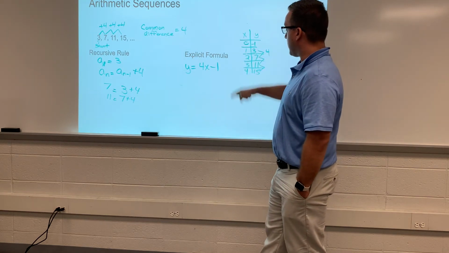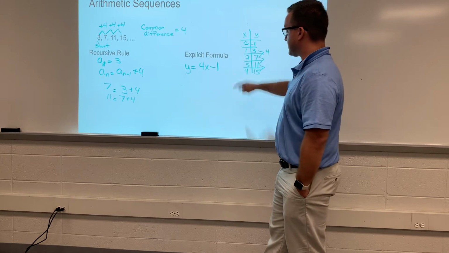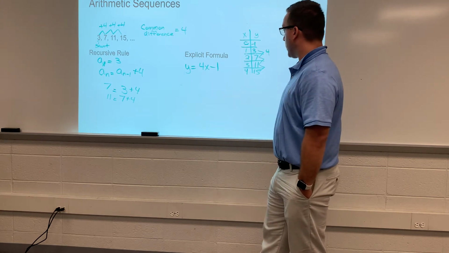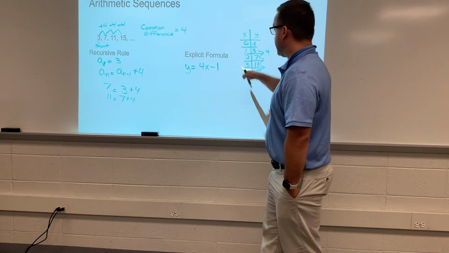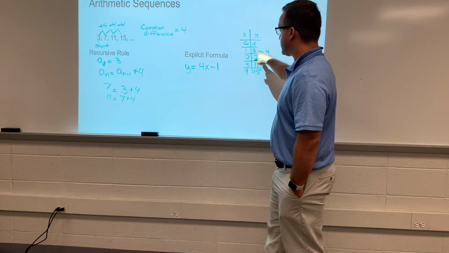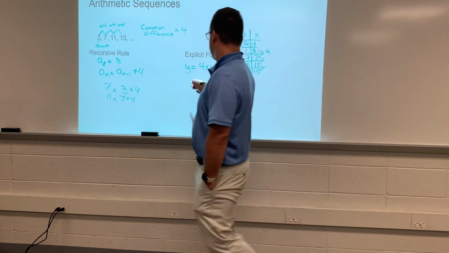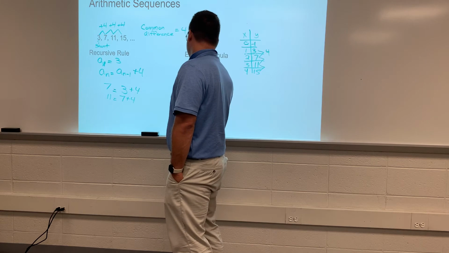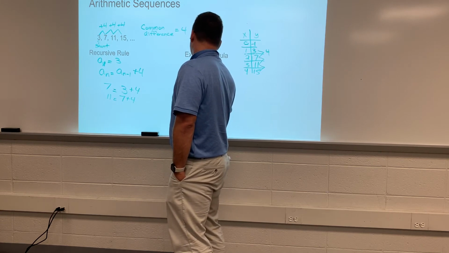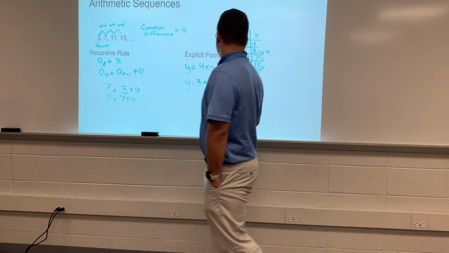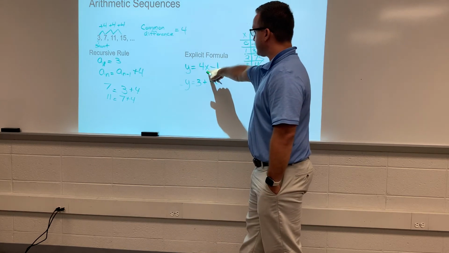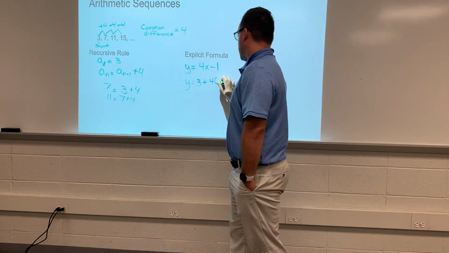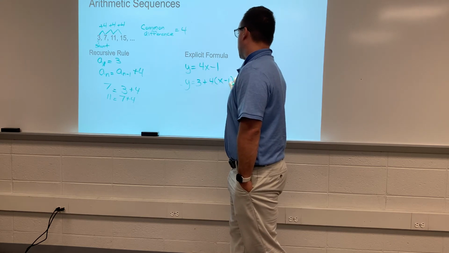Some people will actually adjust that. So what you can do is you could also say, I could start at 3. So you could say y is equal to 3 plus 4 times, and then instead of multiplying by x, you can multiply by x minus 1.